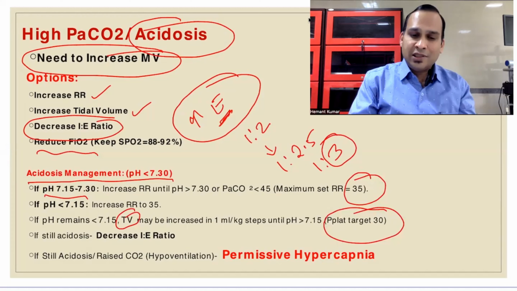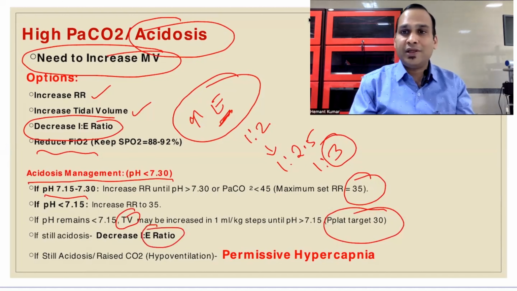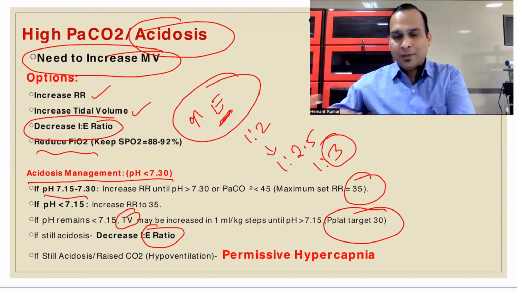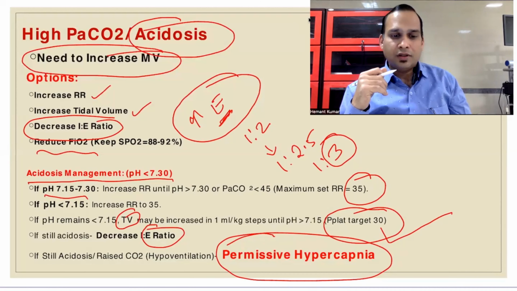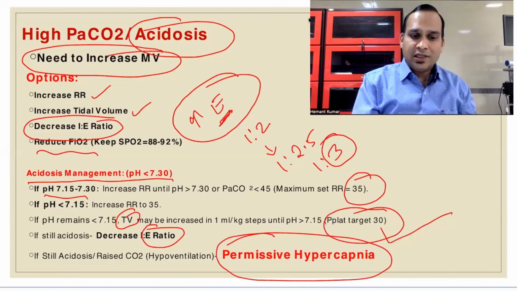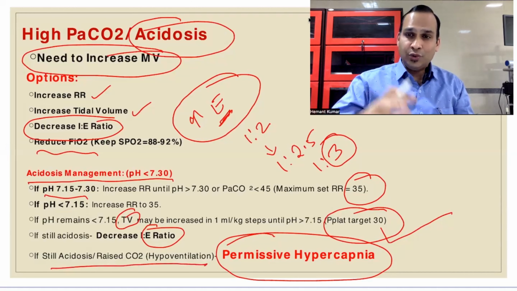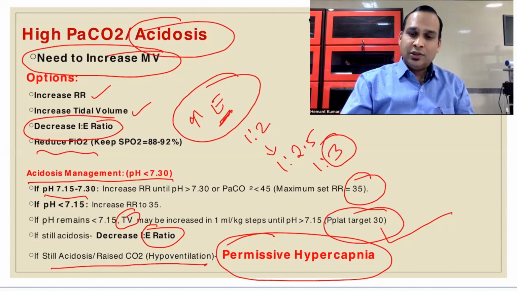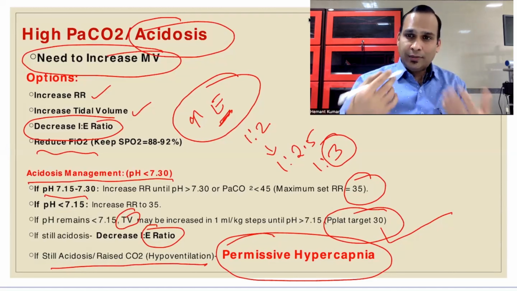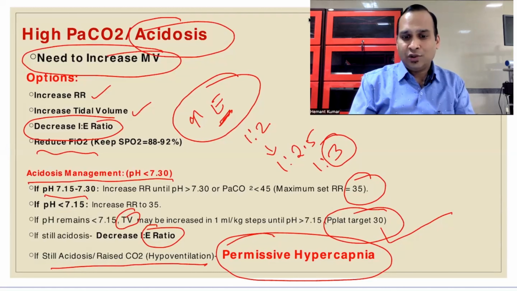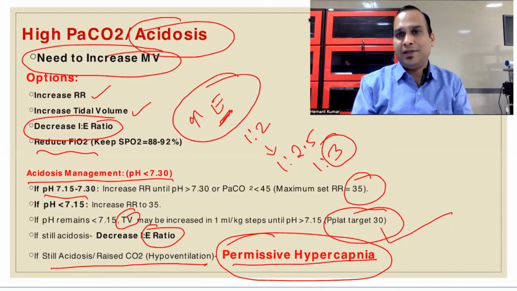If there is still acidosis, we have to increase expiratory time. So we have to decrease the I:E ratio, so there is more expiratory time and more washout of CO2. If there is still acidosis or raised CO2 in spite of doing all these things, we can allow hypercapnia, which is called permissive hypercapnia.